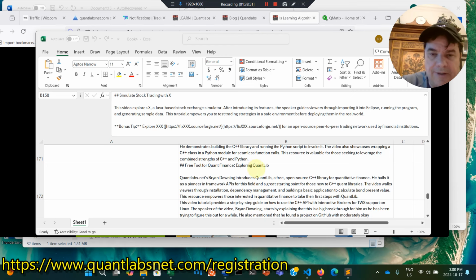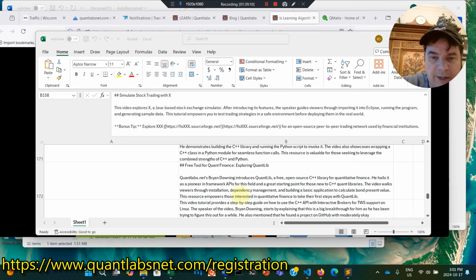Okay, now let's look at, as I said earlier, what a lot of institutions use, which is QuantLib, a free open source C++ library for quant finance, a pioneer and framework API for this field and a great starting point for those new to C++ and quant libraries.